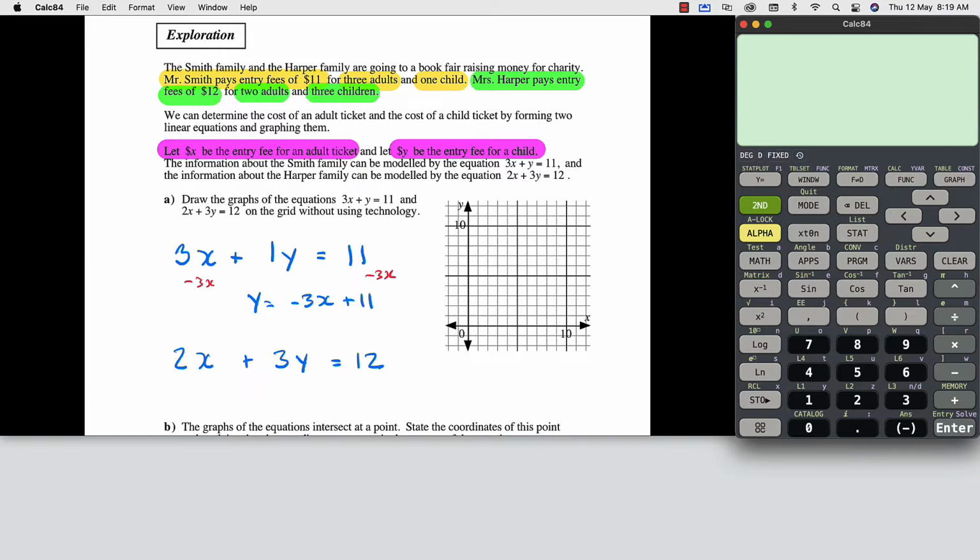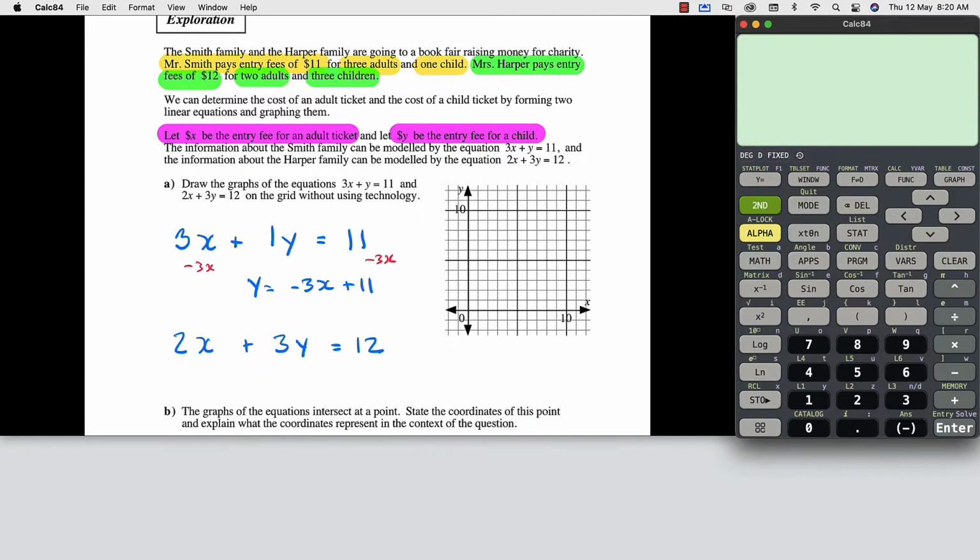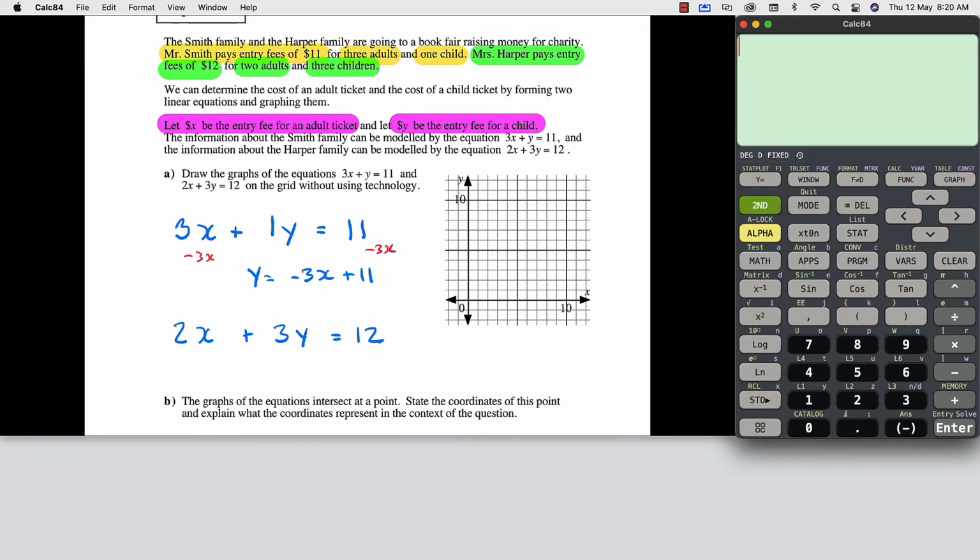So the x and y are going to have to turn out to be positive integer values, because we can't have negative people and we can't have a fraction of a person. To graph this second one, we could either find the x and y intercepts, 2 points, and draw a line, or we can put it into the slope y-intercept form.